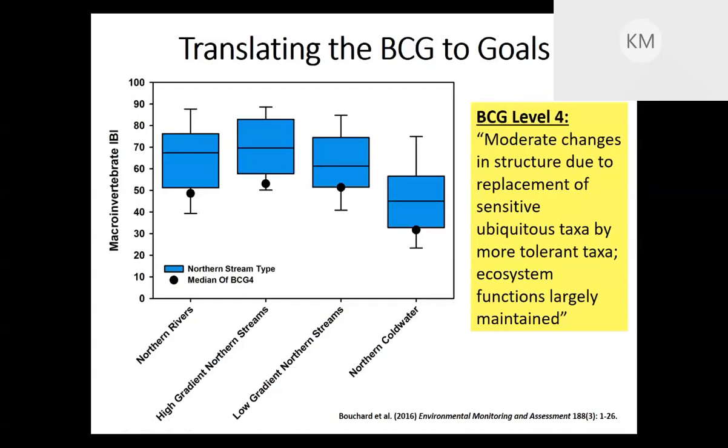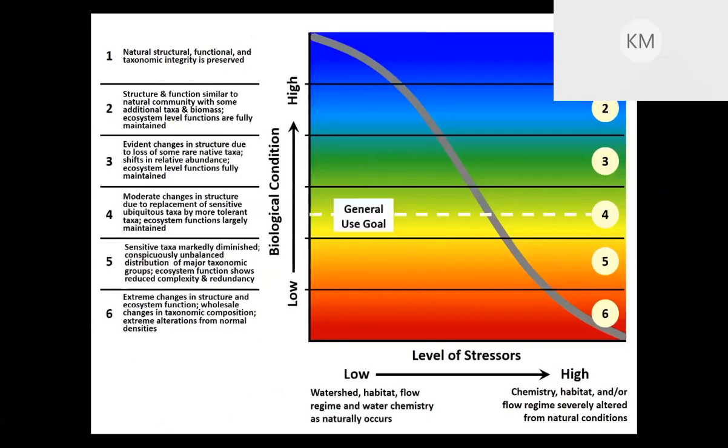We have narrative language indicating that the ecosystem functions are largely maintained. You've just lost some of your sensitive taxa, replaced by more tolerant taxa that fill similar ecological roles. So we felt that was defensible as a goal that supports aquatic life uses in the state. The general goal arrays on this gradient in the middle of that BCG 4 level.